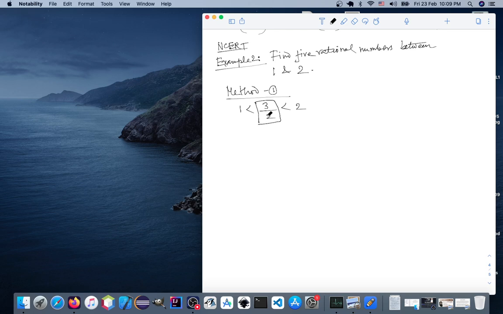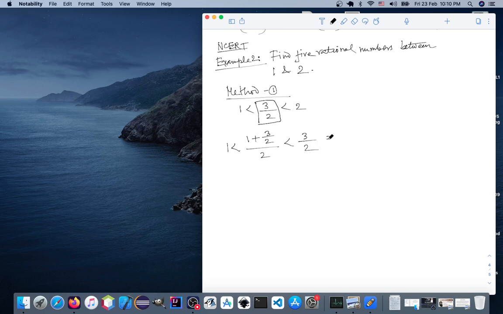Now let's say we want to find another rational number between 1 and 3 by 2. So 1 will be less than 1 plus 3 by 2, all divided by 2. A rational number between 1 and 3 by 2 is 1 plus 3 by 2, divided by 2.